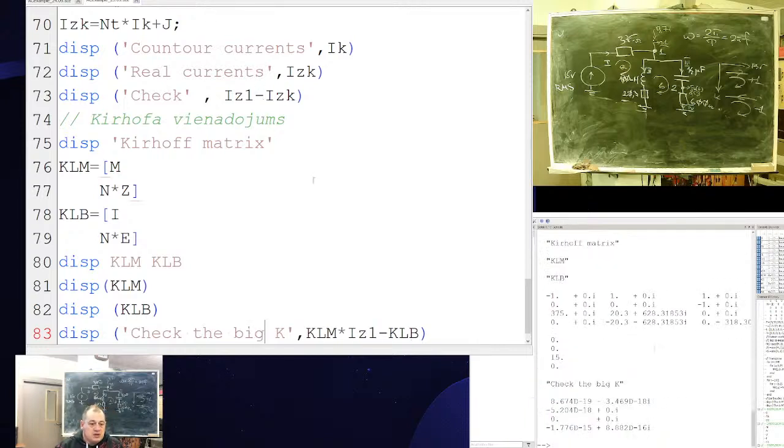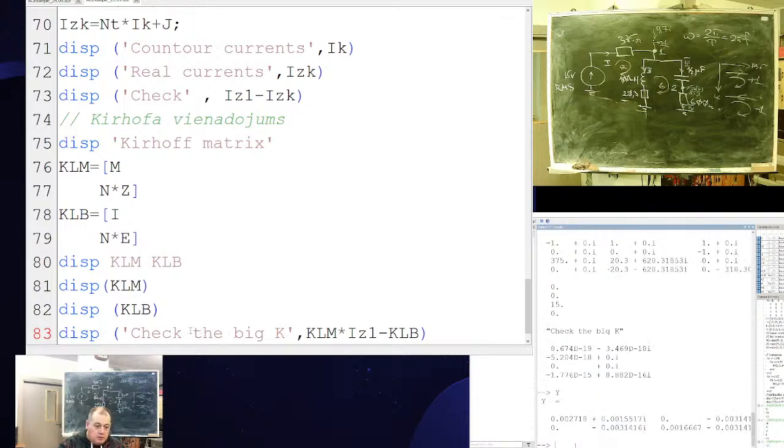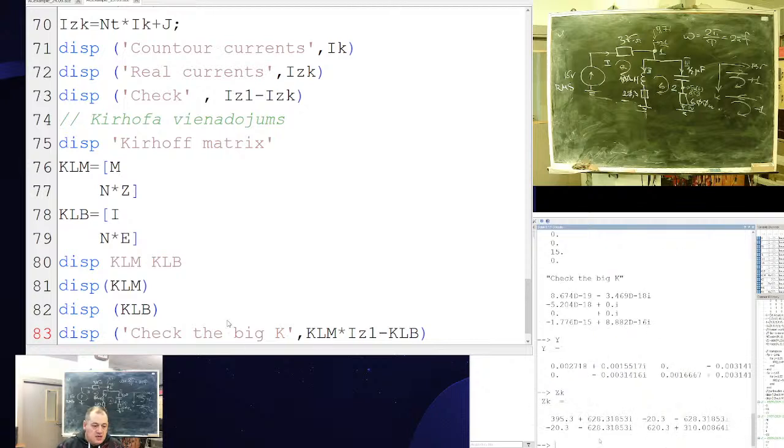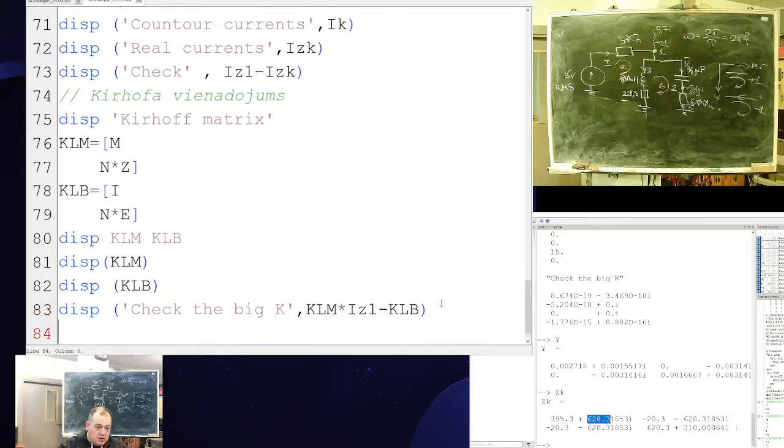Let's check Kirchhoff. Yeah, fine. Look, nodal. Here is the structure of the nodal admittance matrix and the contour resistance matrix. Again, they are positive definite, but you see they have an imaginary part. Next, I checked Kirchhoff.